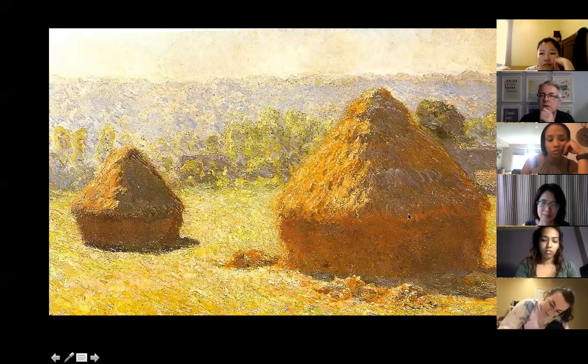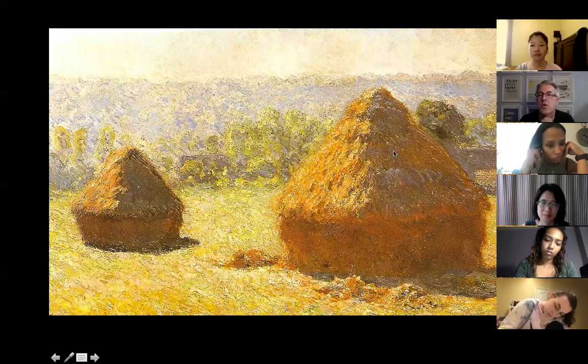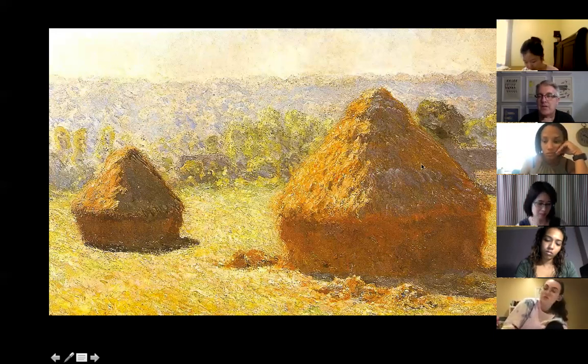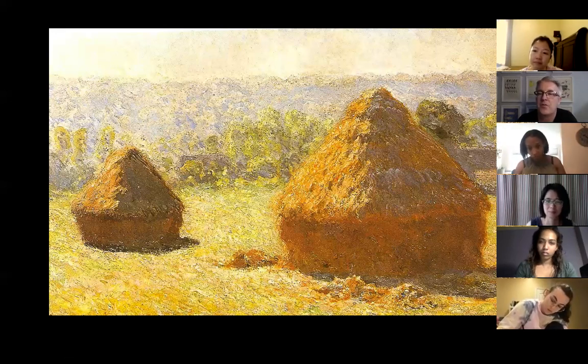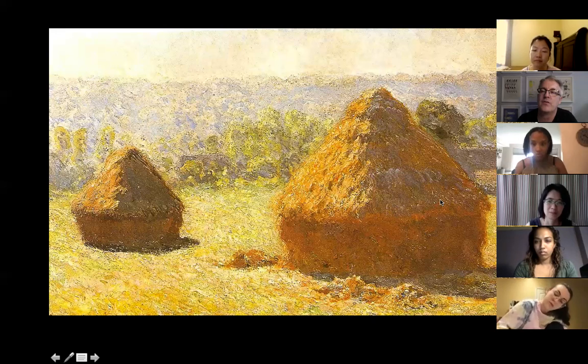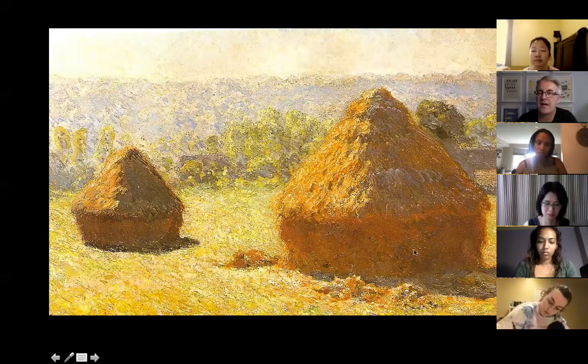If no light were hitting that part of the haystack, we wouldn't see anything at all. The only reason we can see is because light hits objects and reflects back to our eye. So there is some light hitting this object over here. It's just not direct light.